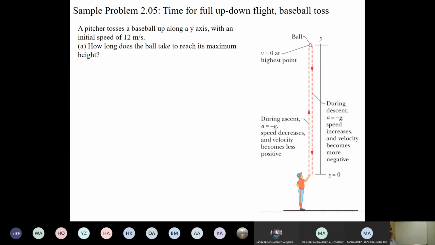What do we know? What is the initial speed? 12. What is the final speed? 0. And what is the acceleration? Negative g, 9.8, right? Okay. So once you have this data, they are saying how long it's going to take.